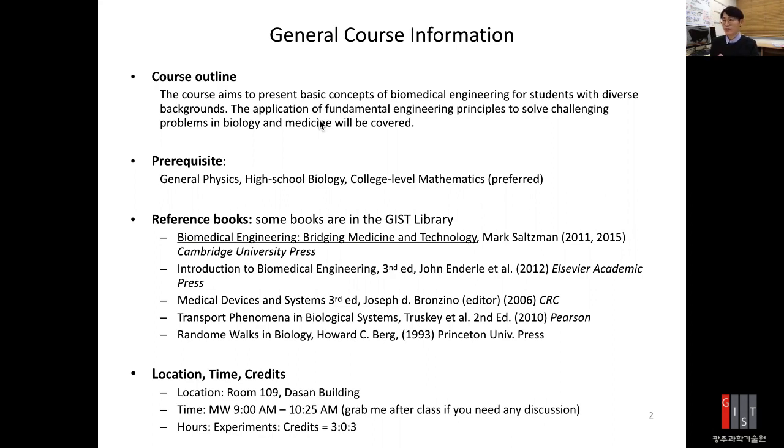This course has a reference book. Many of those books are in the GIST library. Especially the main textbook is Biomedical Engineering: Bridging Medicine and Technology by Professor Mark Saltzman, and there are two editions: first edition 2011 and second edition 2015.